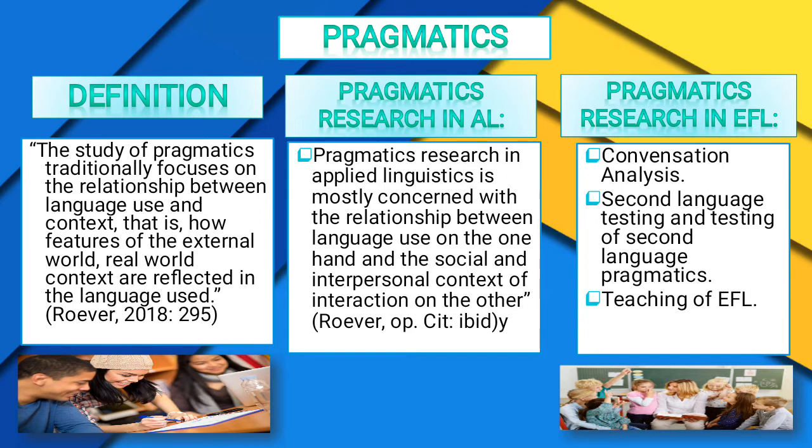That's important for English as a foreign language because it allows us to analyze conversation, second language testing and testing of second language pragmatics, and it enhances the teaching of English when the students have a nice proficiency in the language. It helps them to acquire the right pragmatics to begin right conversations.